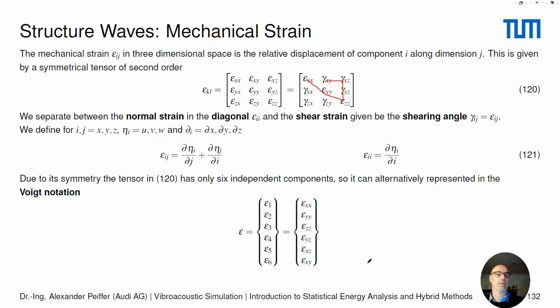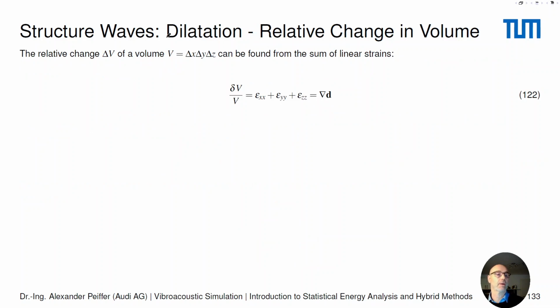Now we come to the stress definition, then we come to a relative change in volume. Sorry, I forgot that. It's just the sum of all the changes in the volume, and that means it's a change in volume related to the original volume. It's just the sum of all normal strains.